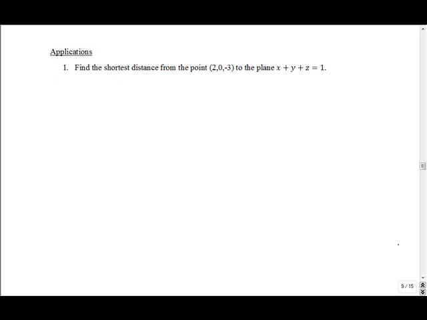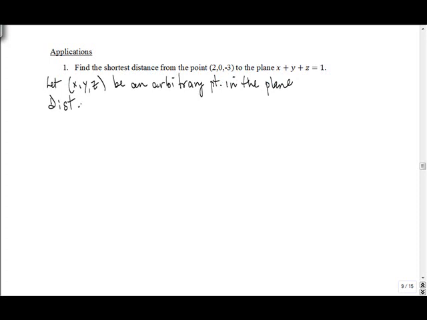Okay? So, I'm going to say, let x, y, z be an arbitrary point in the plane. Now let's find the distance between x, y, z and 2, 0, negative 3.